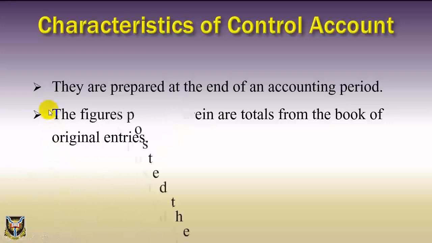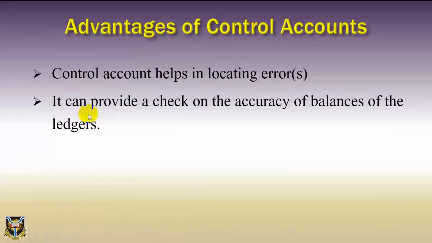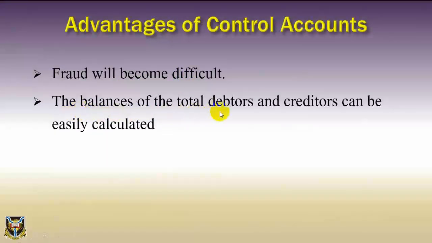E. Advantages of control accounts. 1. Control account helps in locating errors. 2. It can provide a check on the accuracy of balances of the ledgers. 3. Fraud will become difficult. 4. The balances of the total debtors and creditors can be easily calculated. 5.